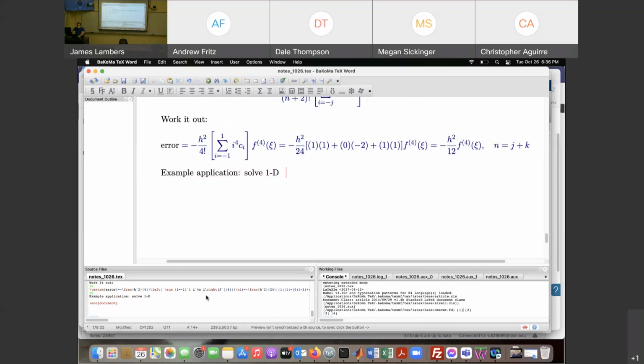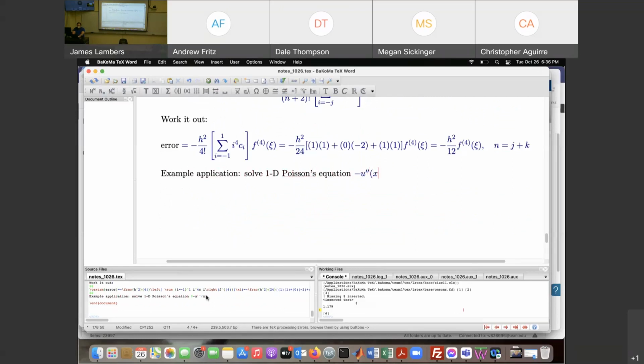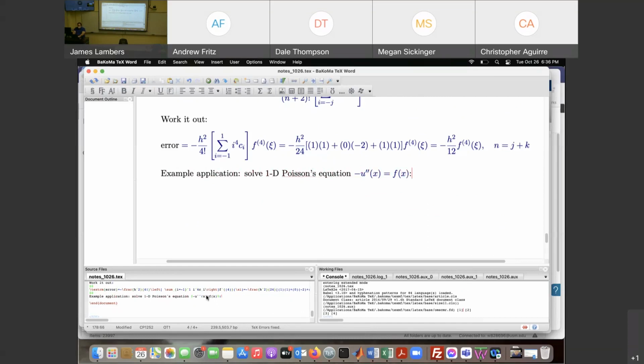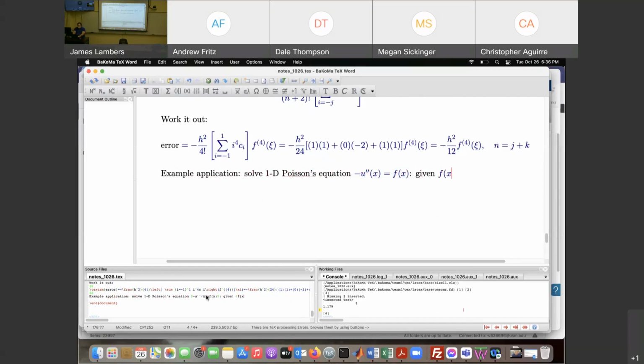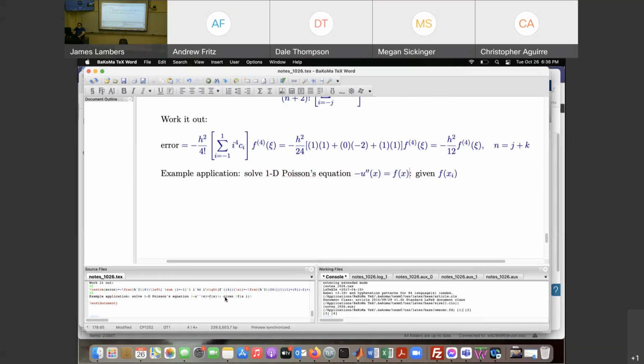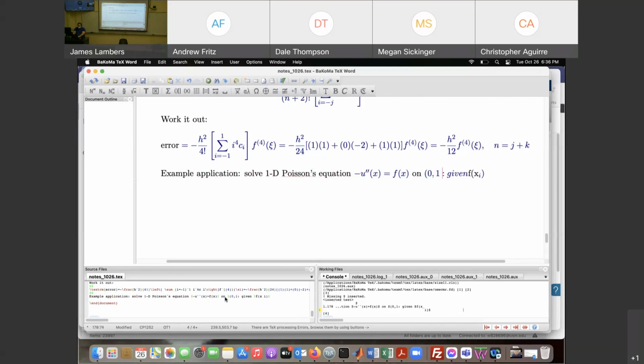So in one dimension, Poisson's equation, which in one dimension is minus u double prime of x is equal to some given function f of x. So if you're given values of f at selected grid points, I can define an interval here, say 0 to 1.